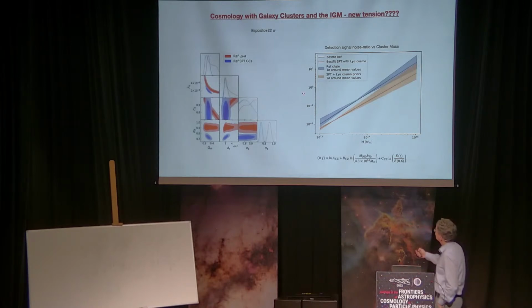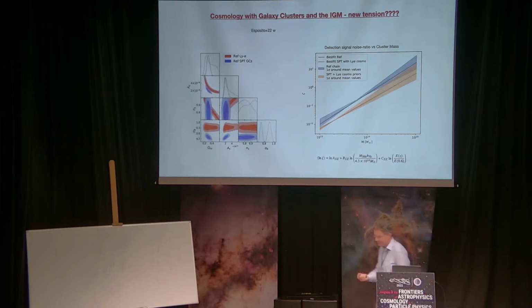And what has to change is this function here, which basically relates the mass of the halo to the observed quantity, which is the relationship between the SZ effect that you observe and the mass, okay? So it's telling you that if you want to bring these two into agreement, you will end up with two different relationships between the SZ cluster mass estimate in the two cases, right?